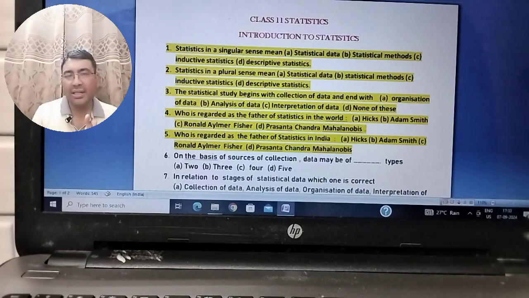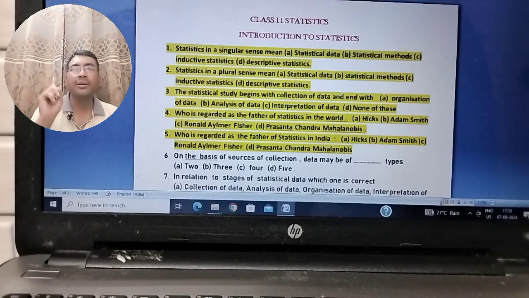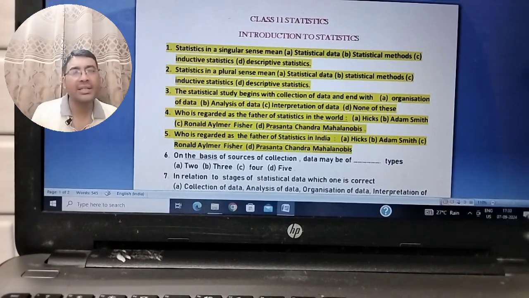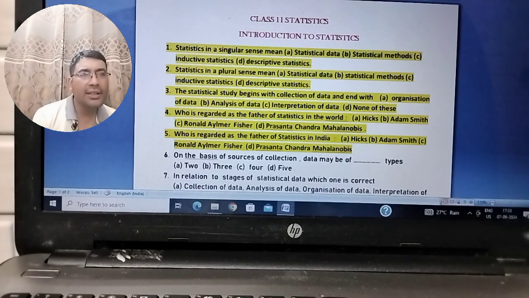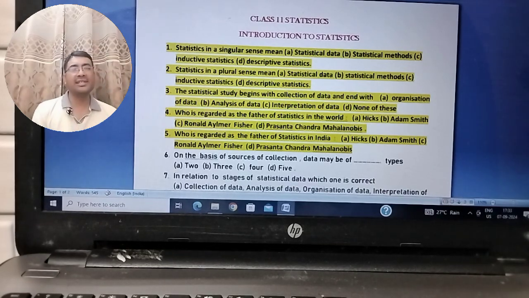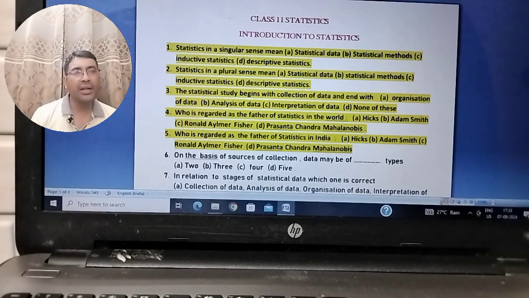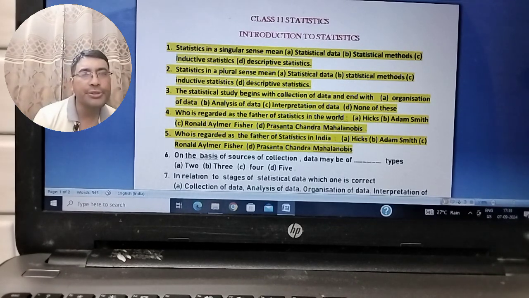First collection, second organization, third presentation, fourth analysis of data, and fifth is interpretation. So the right answer for question number 3 is option C. I hope it is clear to you. Let's move to question 4.